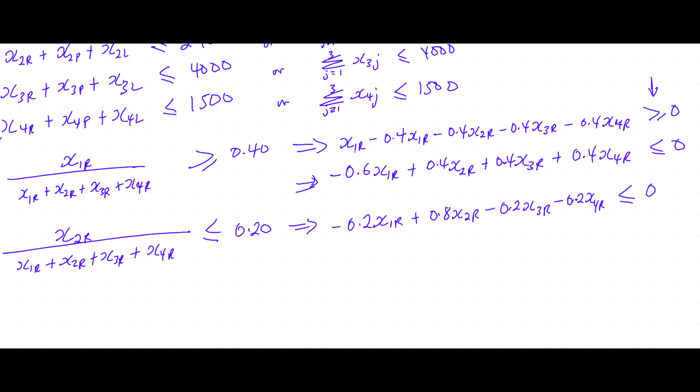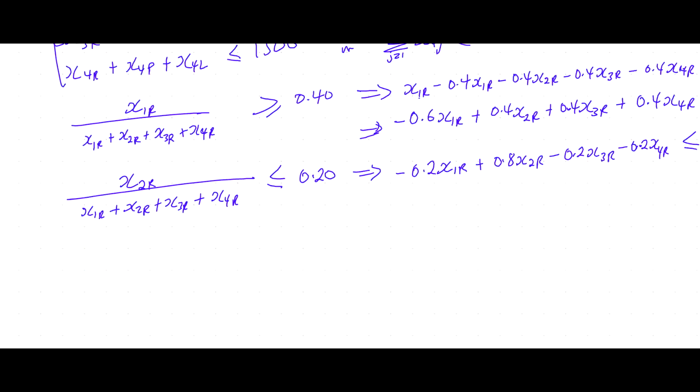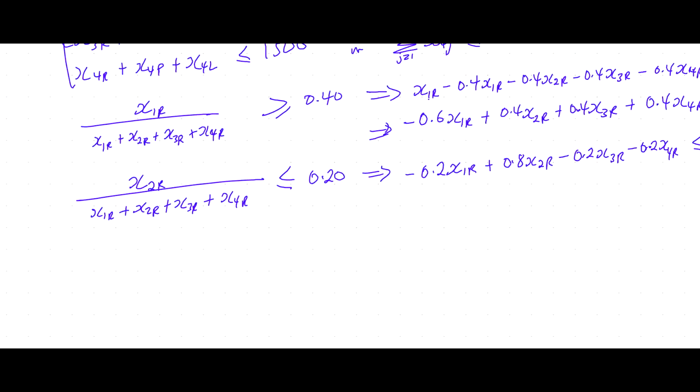Then the third component specification in regular says that not less than 30% of component 3. So if I take component 3 in the regular, for the entire components mix in regular, it should not be less than 30%. Again, it should be greater than or equal to 30%, which is 0.3.